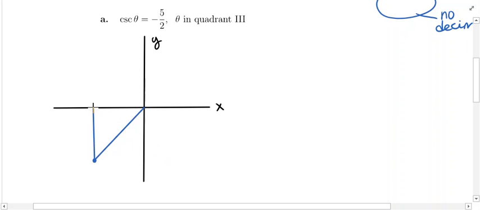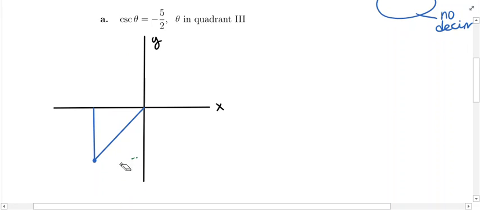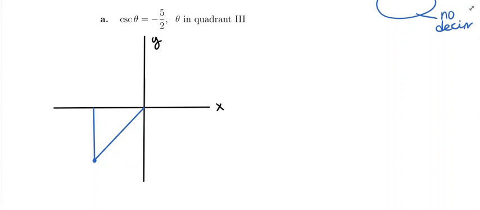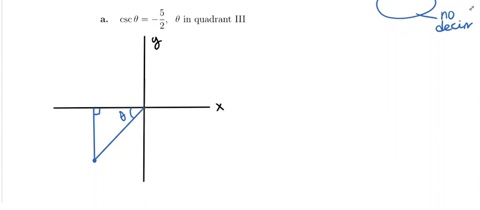Do not draw back to the y-axis. If you had instead drawn this way, that is incorrect. This is going to be considered our reference angle. We can call this theta, and this is the right angle. So this is how to correctly draw the triangle for this particular angle.